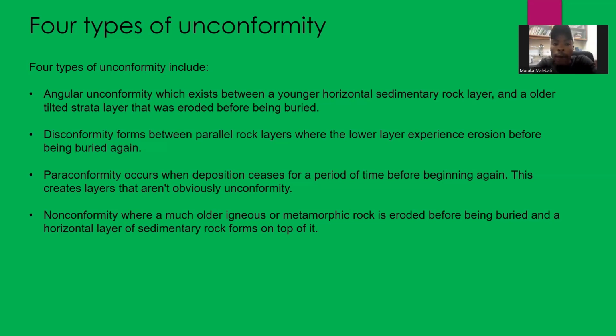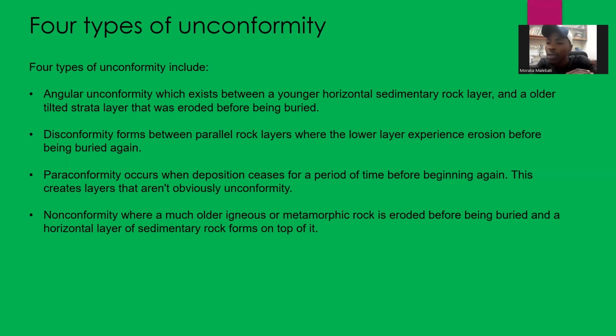Then disconformity and paraconformity are one and the same thing, and there's just one thing you can pick to differentiate between these two. With the disconformity, you'd have an apparent erosional surface, but with paraconformity there is no apparent erosional surface.